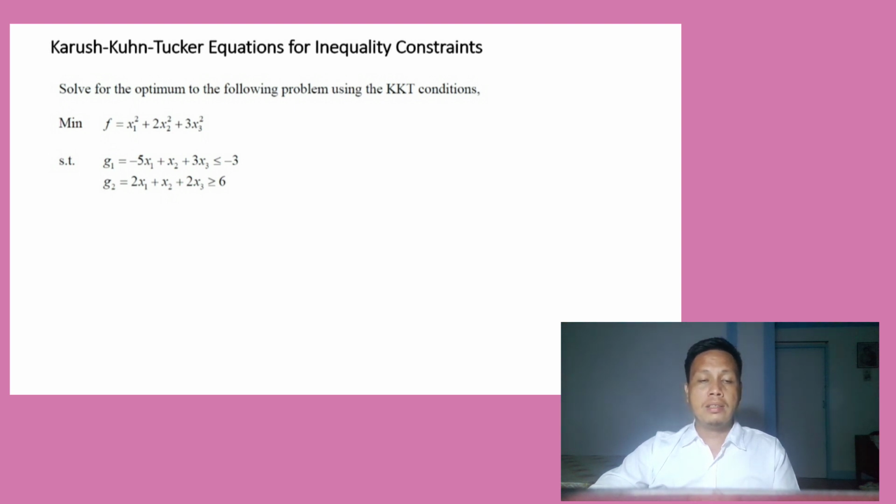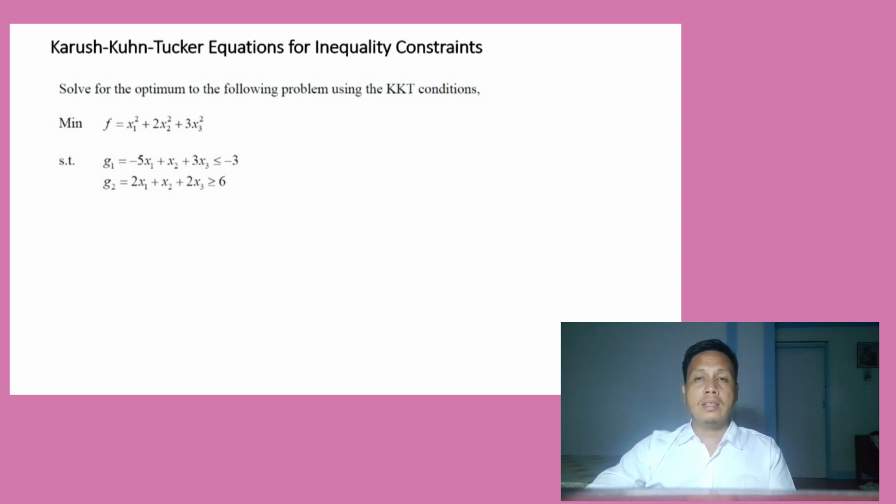As we have noticed, g sub 1 and g sub 2 have inequality constraints, less than or equal to negative 3 and greater than or equal to 6.